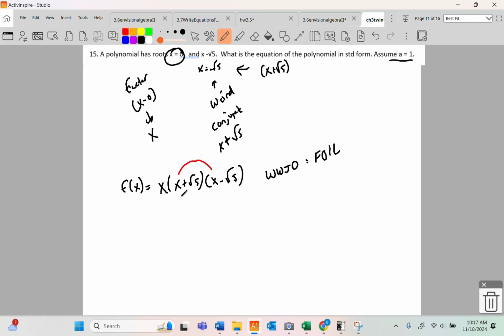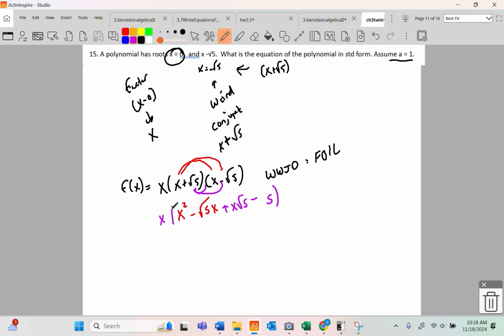FOILing is not supposed to take you an eternity. X times x is x squared. X times the negative root 5 is negative root 5x, or negative x root 5, doesn't matter. That was first and outer. Here comes inner, plus x root 5. A radical times itself is the number inside. A positive times a negative is a negative.